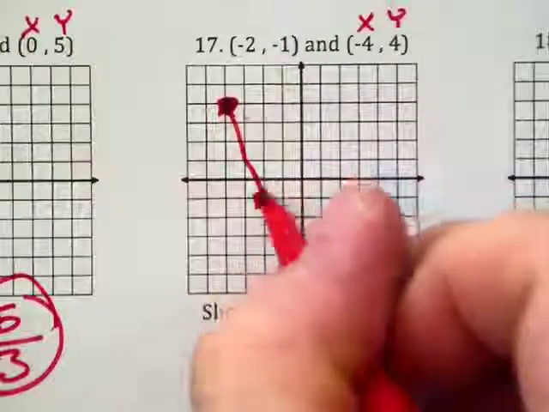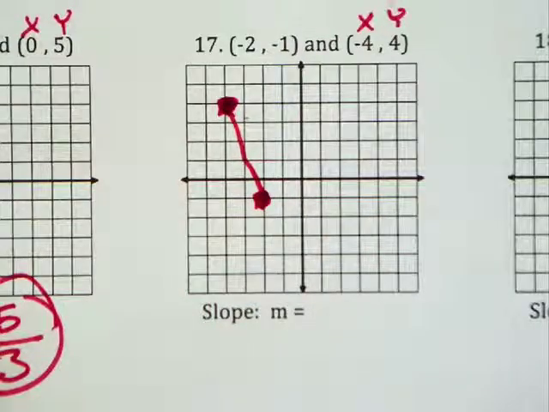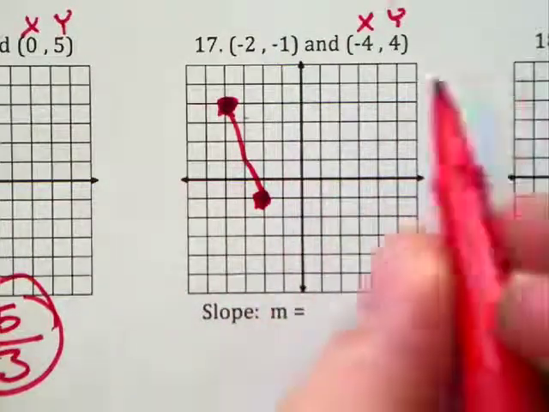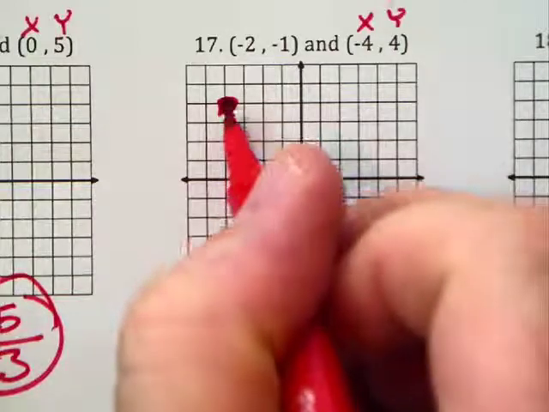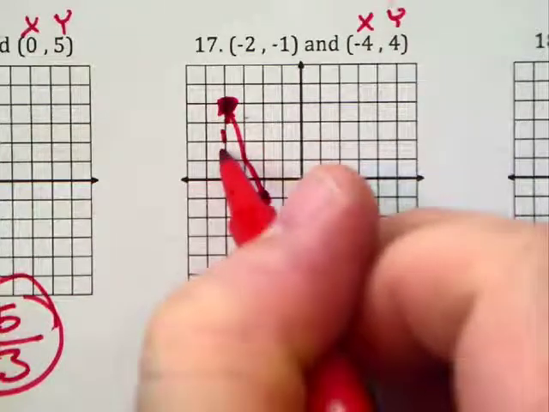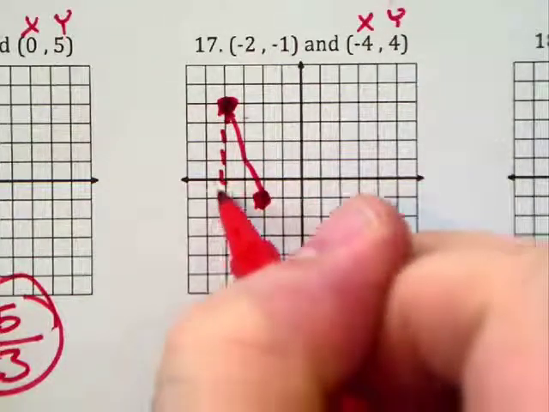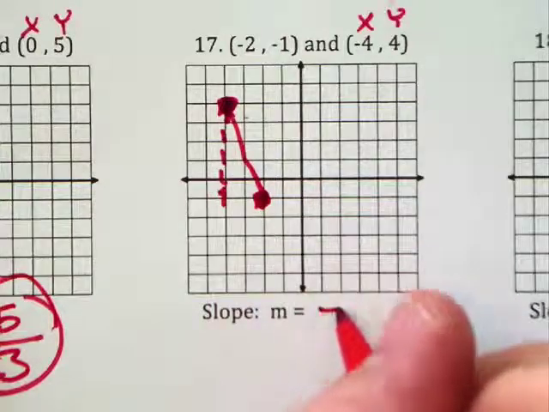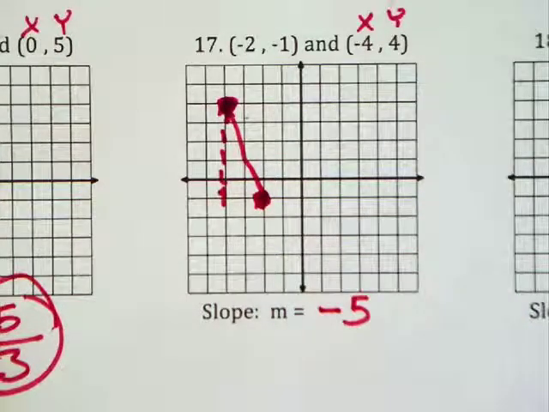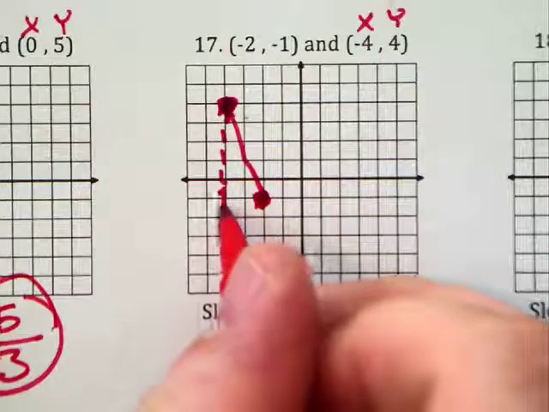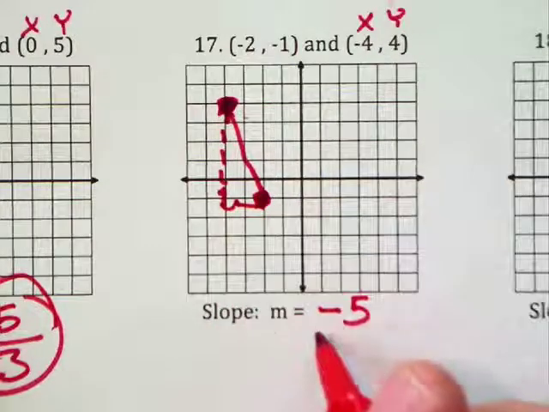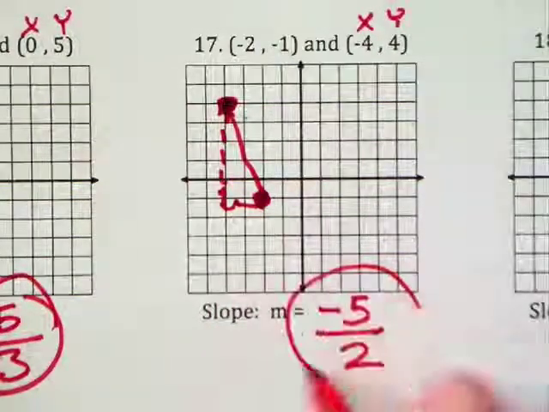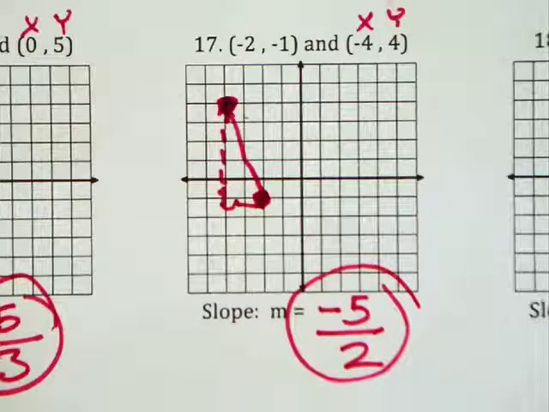And we draw our line. Okay. Now, remember, we have to do rise first. How far do we go up or down? We go down 1, 2, 3, 4, 5. So down 5. And to the right, 1, 2. And so there's our slope. That's all you have to do.